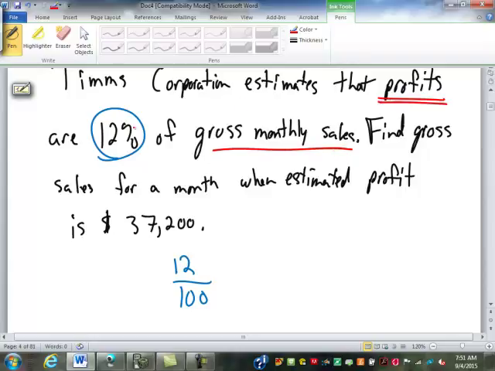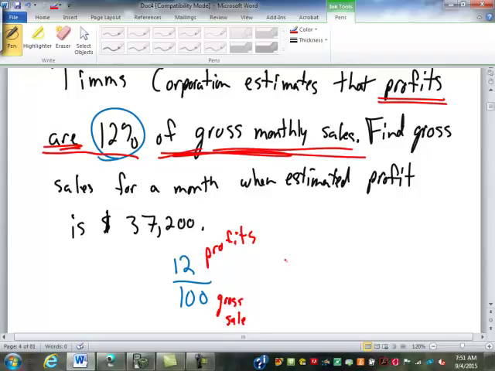Profits. Profits are. R is just a different variation of the word is. Profits are 12%. That's the profits. This says of the gross monthly sales. So it's based out of the gross monthly sales. So gross sales is what the 100 represents. Because remember, the 100 represents the whole thing or the starting amount.